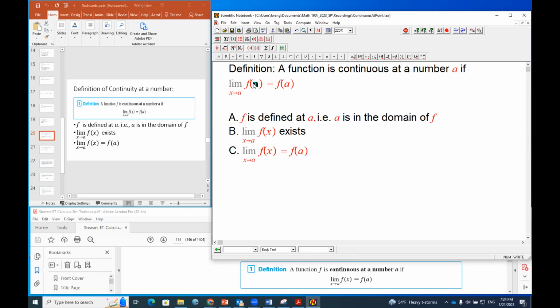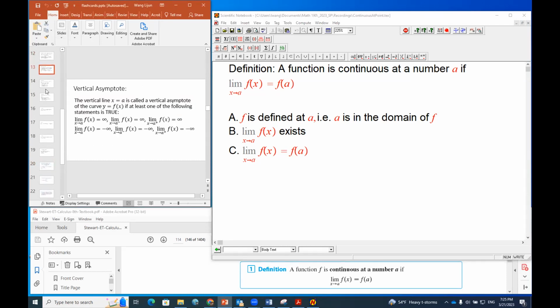Just remember, x is input, A is input, x approaching A, the output f of x approaching the output of f of A. Now, I'd like you to have a comparison: how limit is defined.